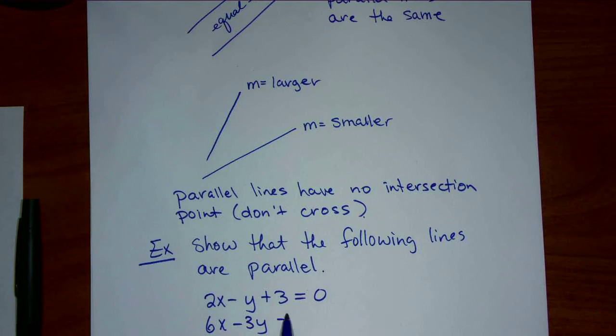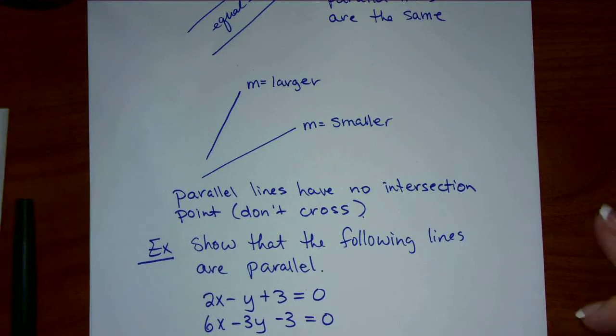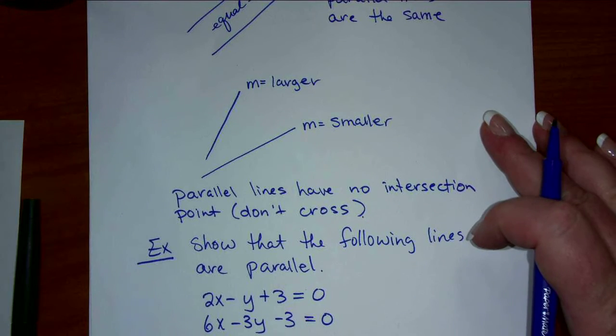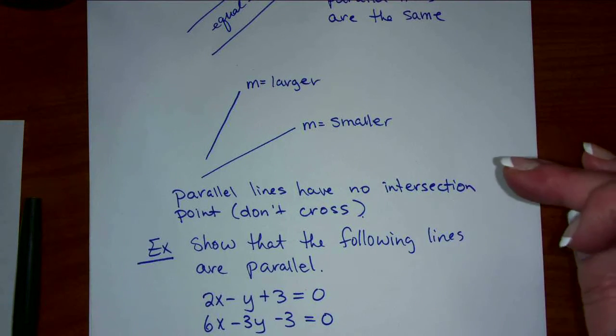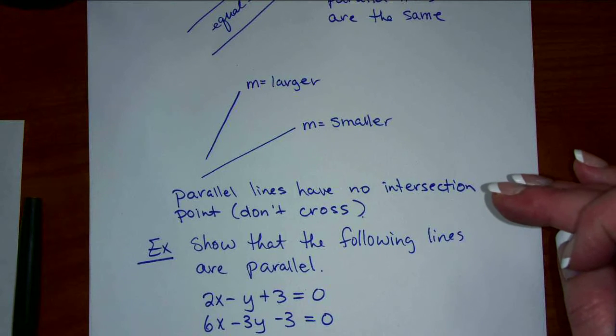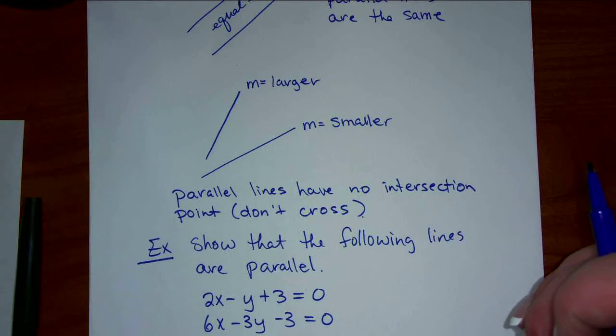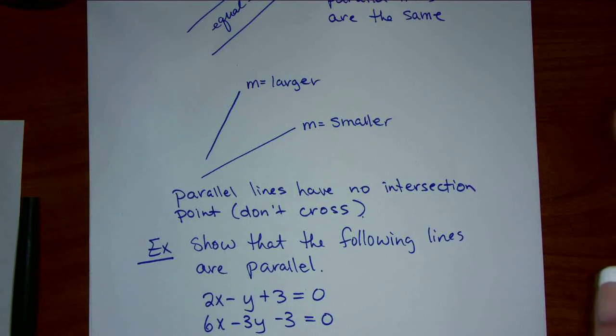Here's our two lines. They're not in y equals mx plus b form that we saw last class, so you can't just read the number off in front of the x and say that's the slope. They have to be in the right form to read the number in front of the x to know what the slope is. So these are not in the right form right now. How do we put them in the right form?